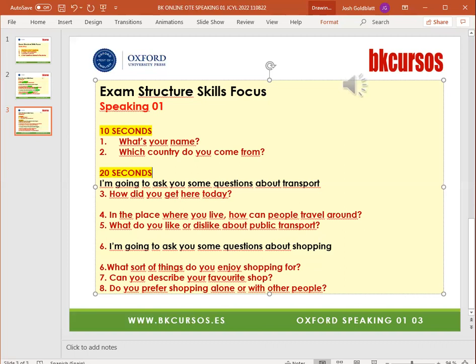What do you like or dislike about public transport? Well, public transport is cheap and it's very good for the environment because it's clean. But sometimes it's dirty. Slowly in English. I'm going to ask you some questions about shopping.